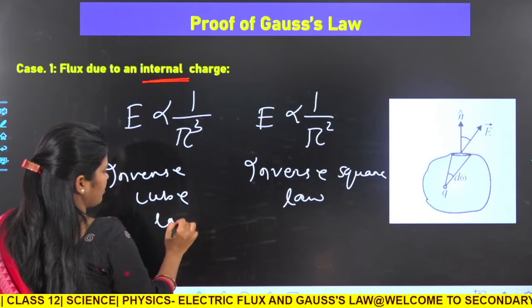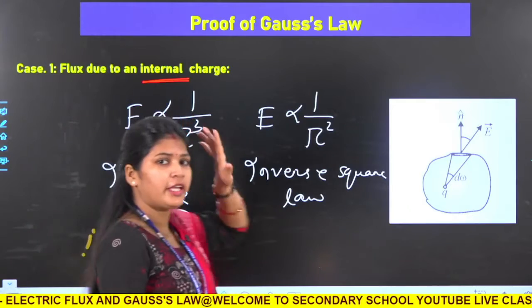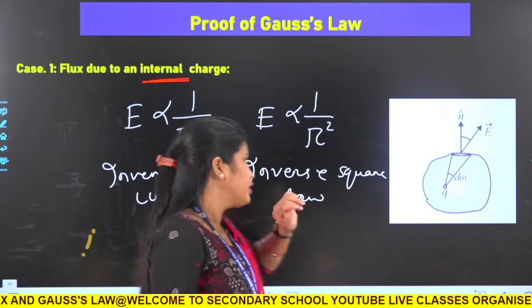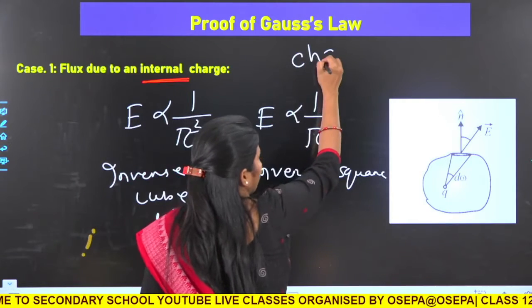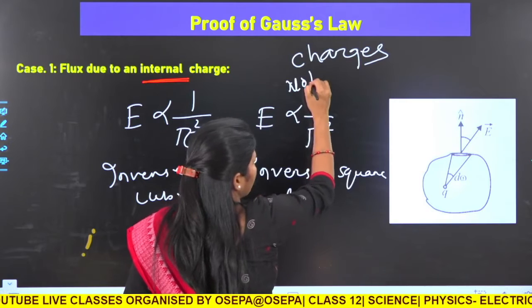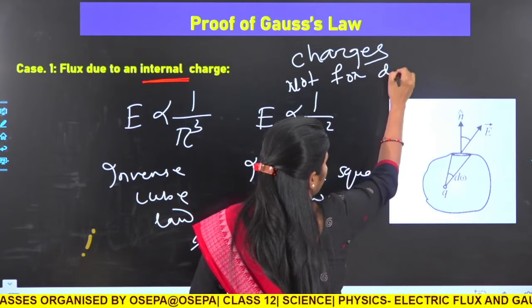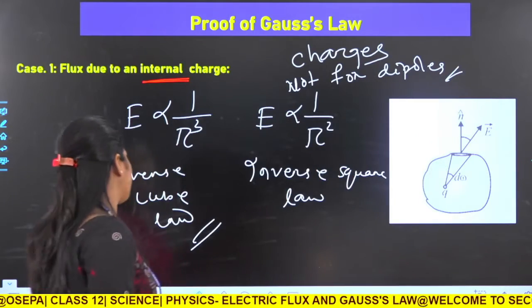So for this, Gauss law cannot be derived. So Gauss law only holds good for charges, not for dipoles. Okay, remember this.